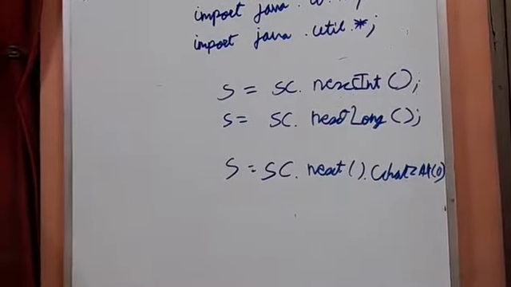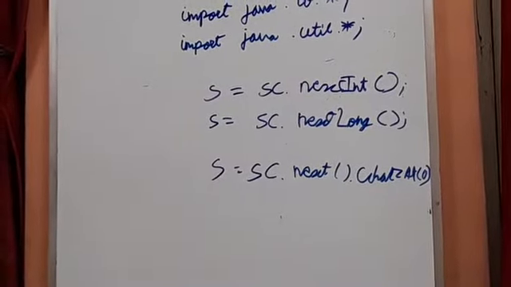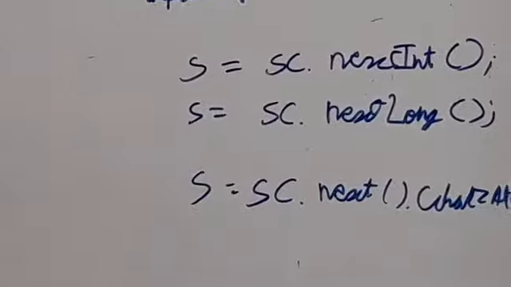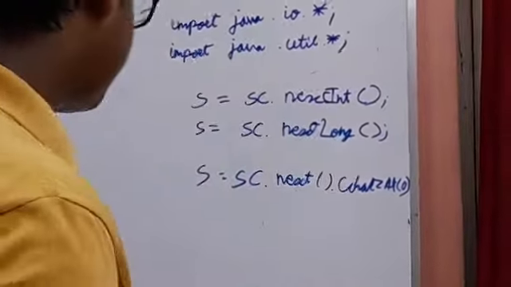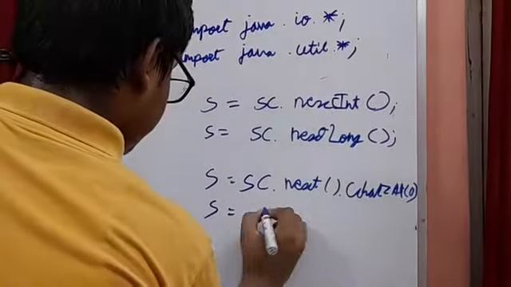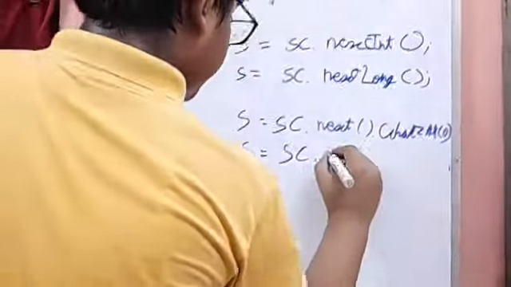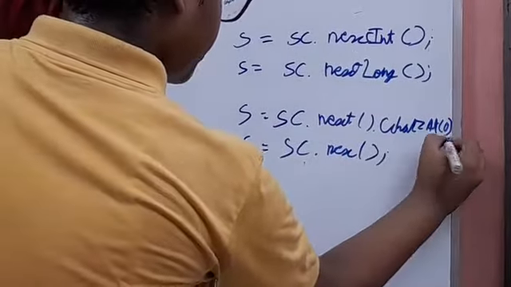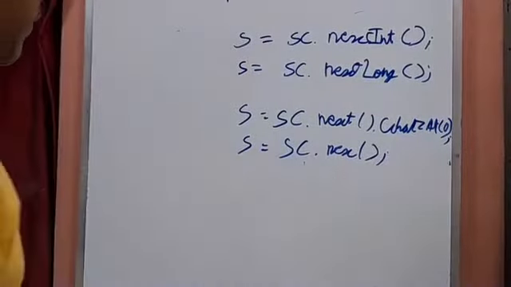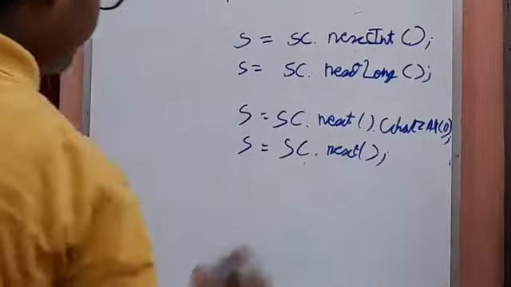And there is one more type which is string. There is string type in which there are two types. S is equal to sc.next(); just that. This is only for a word.